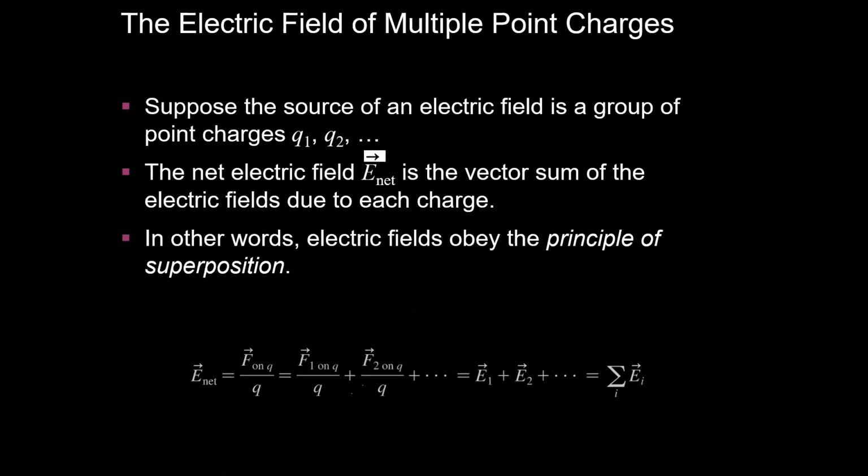This is an important example. For problem solving, this is an important slide because it says that the electric field follows the principle of superposition. That means that if you have different source charges, then at a specific location, the electric field at that location is due to the vector sum of the electric field of both of them.